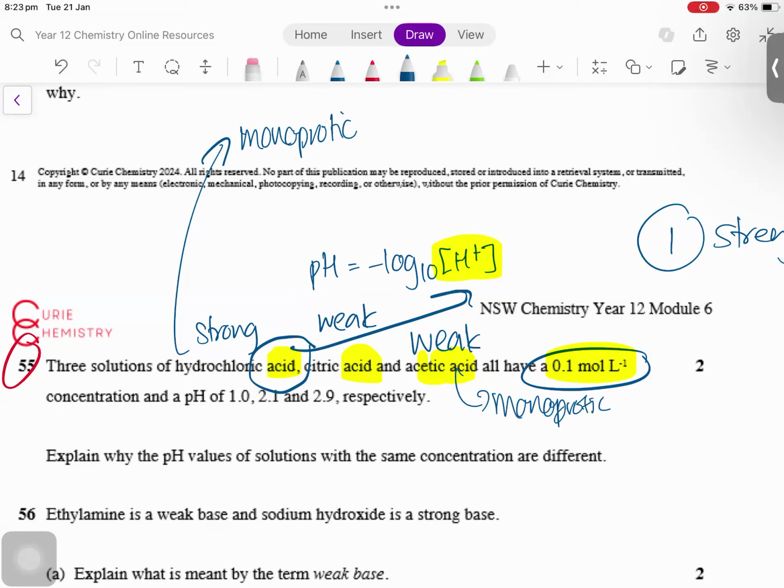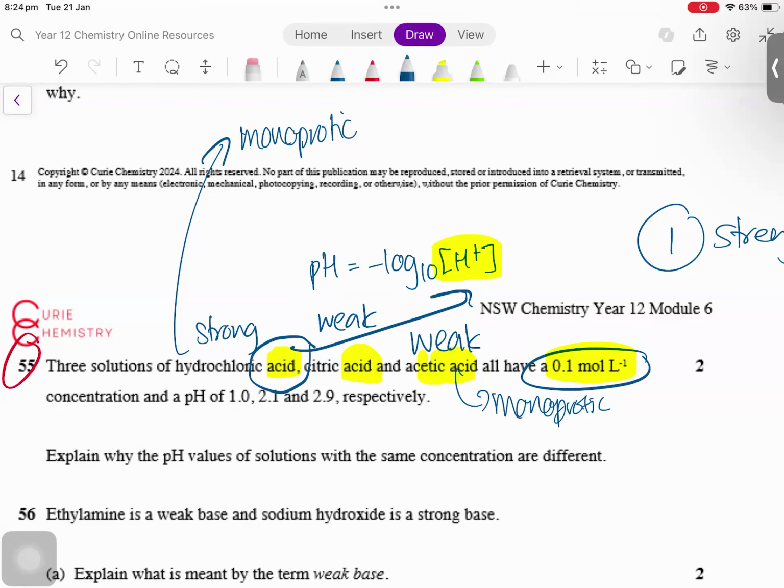Okay. So citric acid and acetic acid are both weak. So there has to be another difference that explains the pH. Yeah, you can't use strength anymore. There has to be something else. And we're figuring out now that the something else is how many hydrogens it even has that it's willing to give away. All right. If acetic acid is monoprotic, citric acid must be something else.